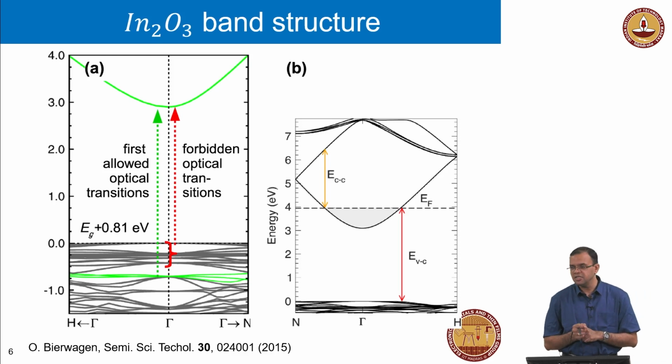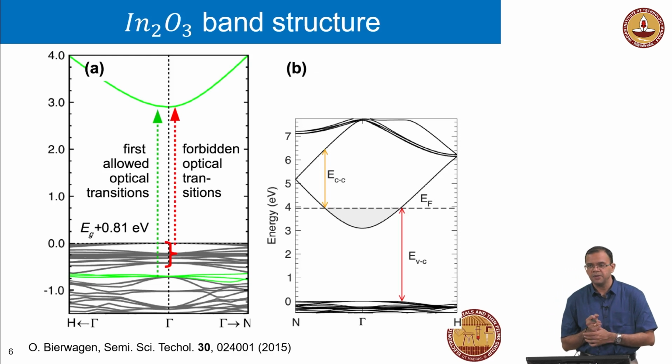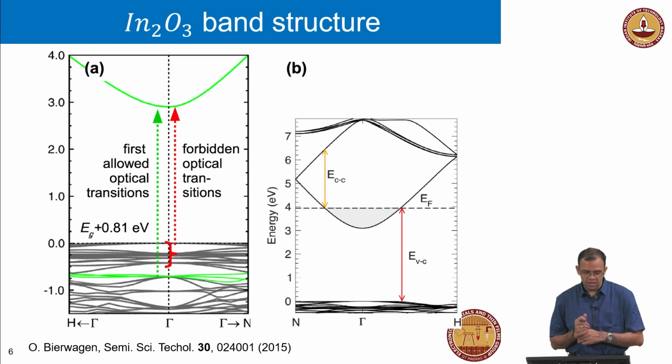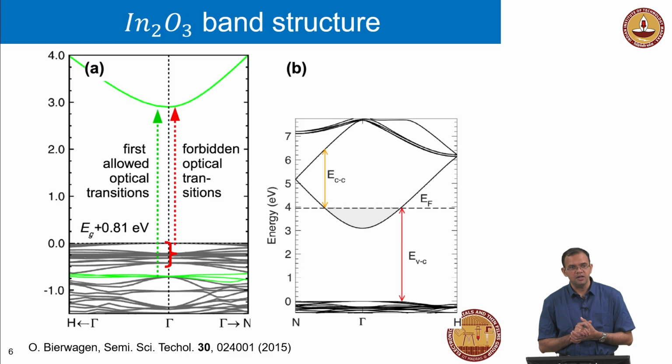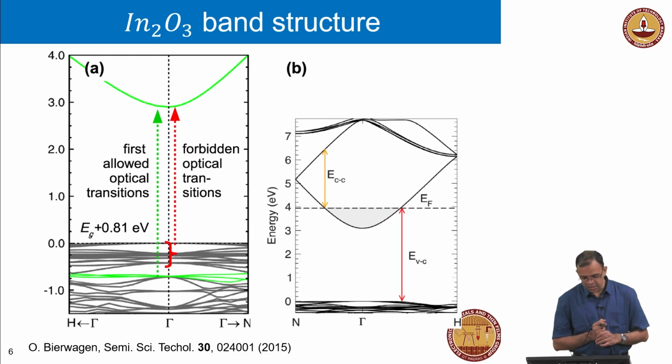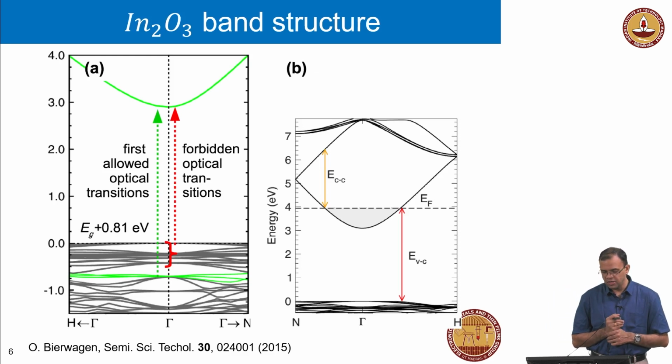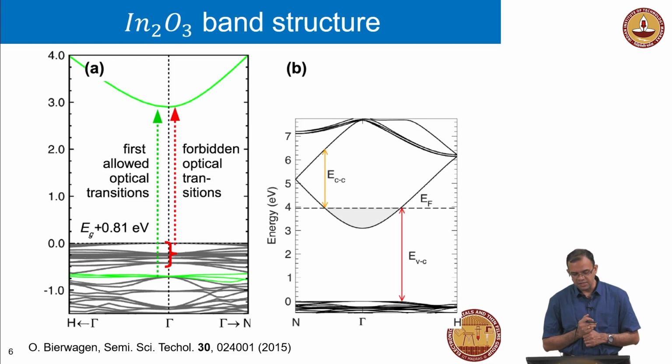So I think someone yesterday was asking about indirect and direct band gap transitions. So that was originally the thinking, but newer studies basically show that that's not really the case. They are still a direct transition.